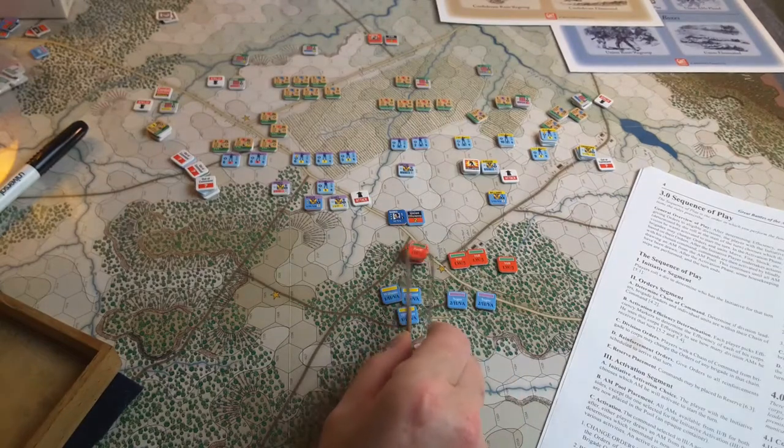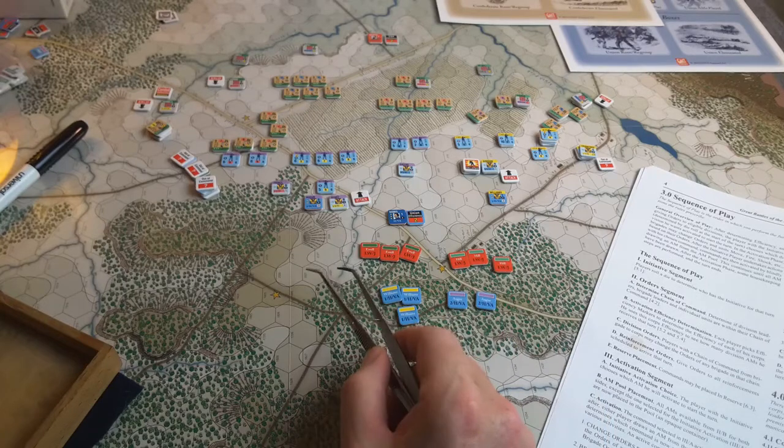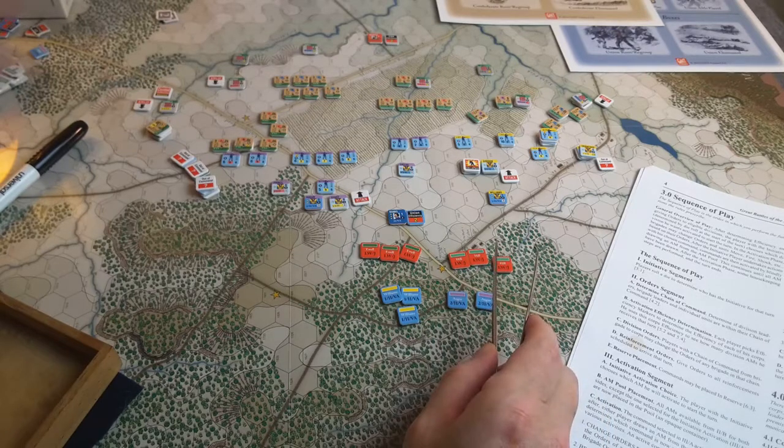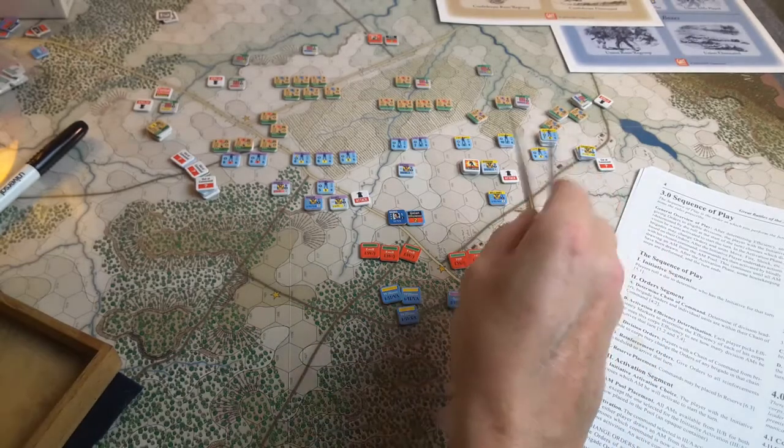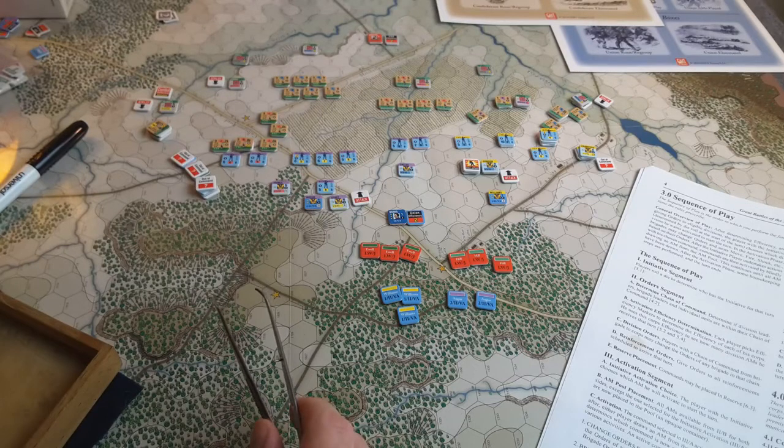So what do you think, folks? Should I take action with Yule, or should I take action with Hill? I'm going to say Hill. Each one has 3. I want to really push on this flank over here. Actually, I want to push on both flanks. It really doesn't matter, but I don't think I'll just want to do it randomly. So I'm going to say, let's put the screws to the right flank of the Union over here and really get into grips with Crawford.